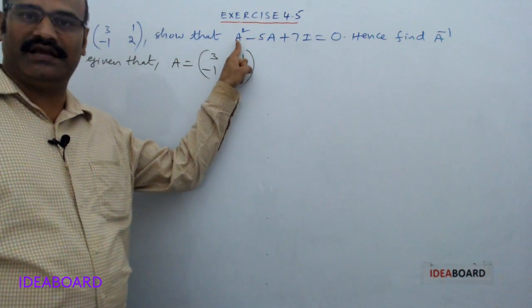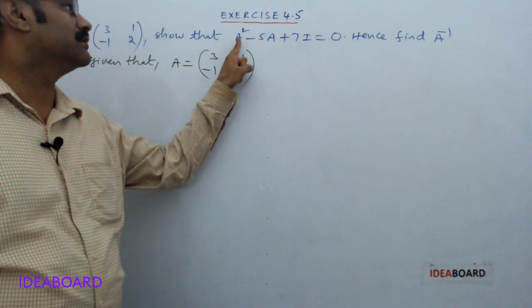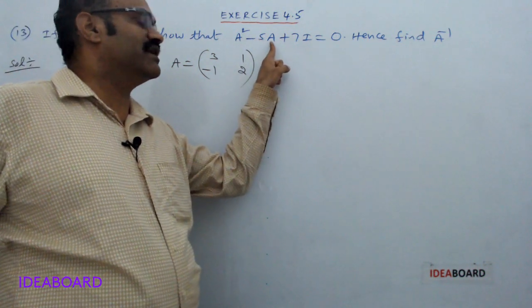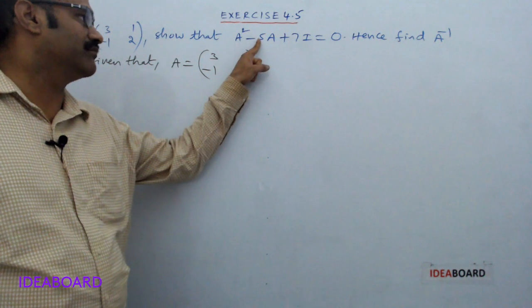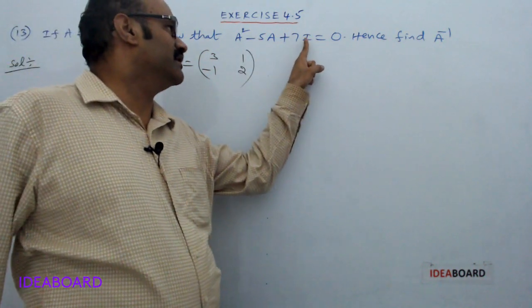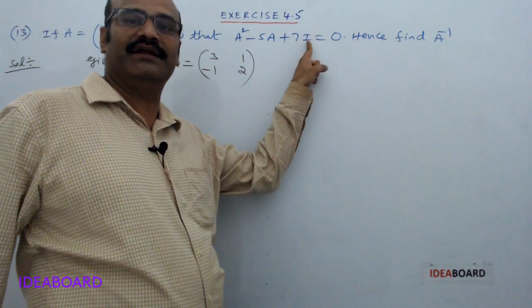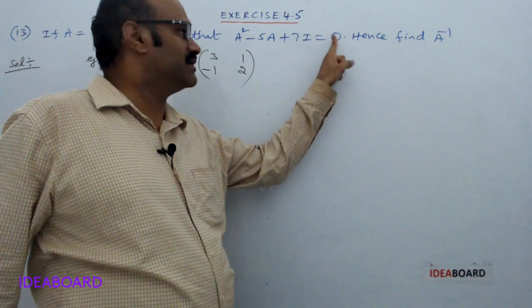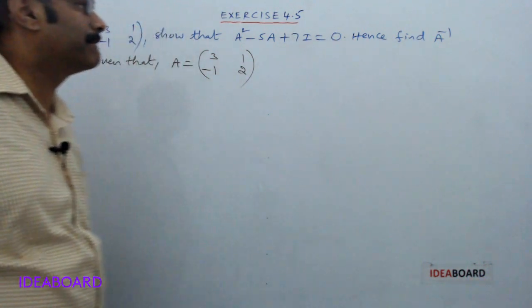A square means A into A. 5A means multiply each and every element of the matrix A with 5. 7 into I, it is a 2 by 2 identity matrix. It's a 2 by 2 null matrix.